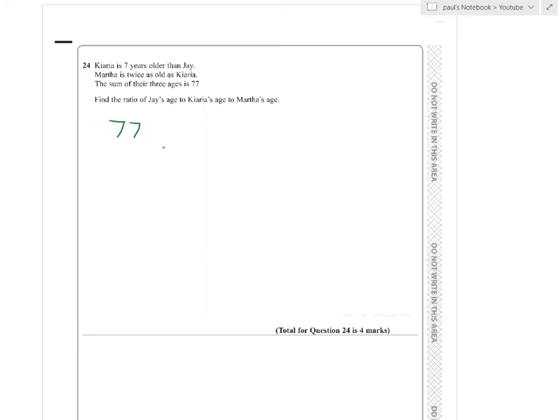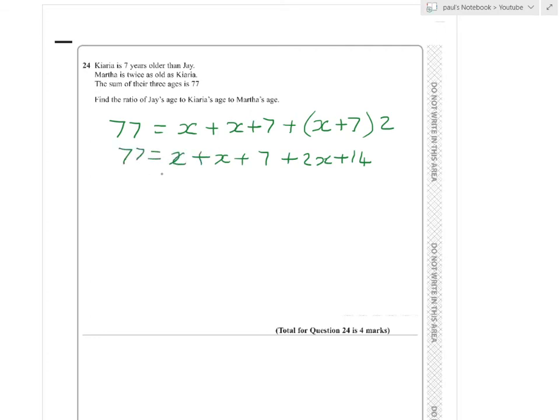So call Jay x, plus Korea, which is x plus 7, plus Martha, who is twice as old as that, which is x plus 7 times 2, which is 2x plus 14, plus 7 plus x, equals 77. Let's tidy this up.